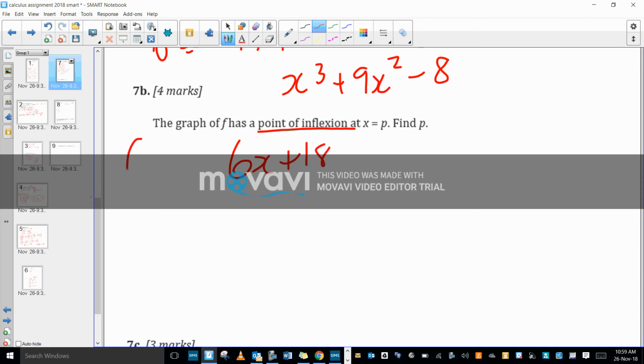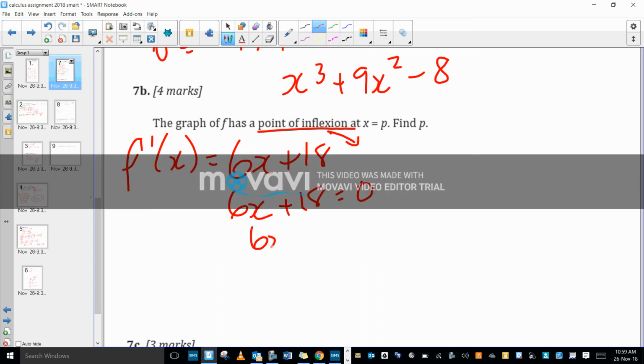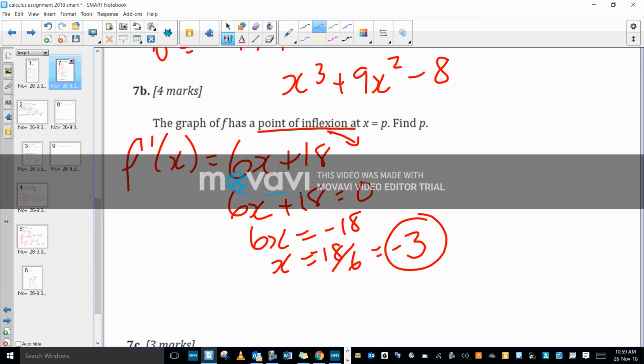So that's f double dash x. And we know that the points of inflection are where that second derivative is 0. So that's 6x equals -18, x is -18 over 6, which is -3. So that means that p is -3.